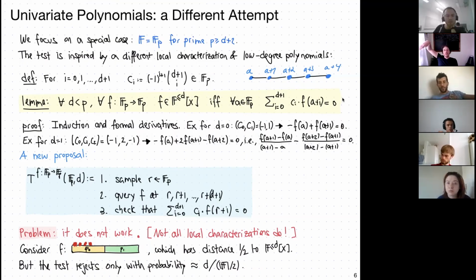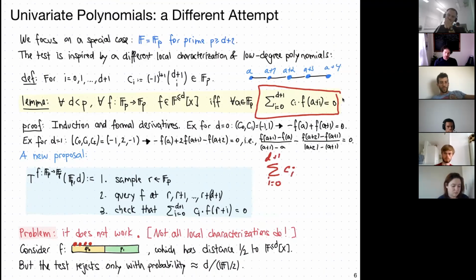But if you're choosing these jumps at random, then we should be good. And the beautiful thing is that this actually holds. So the statement doesn't only hold if we look at this constraint, but it also holds with nearly the exact same proof if we do it for this Ci times f of a plus i b for any choice of b.